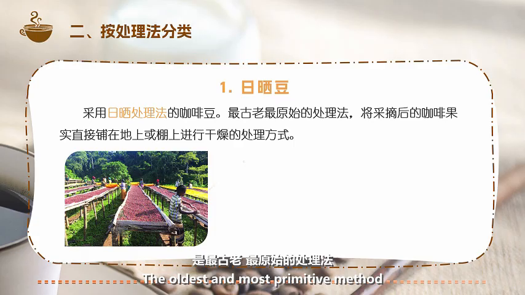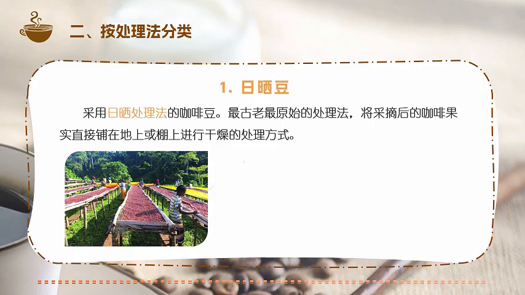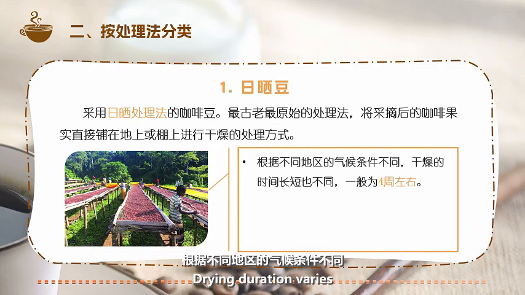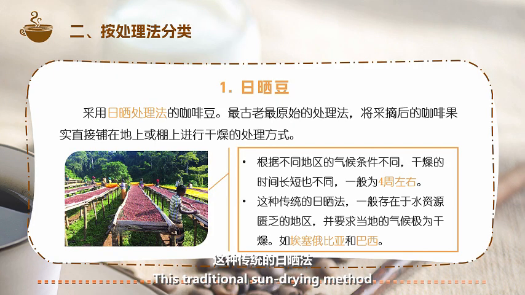The oldest and most primitive method involves spreading harvested cherries directly on the ground or raised beds for drying. Drying duration varies depending on regional climate, typically around 4 weeks. This traditional sun-drying method is common in water-scarce regions, requiring extremely arid climates, like Ethiopia and Brazil.